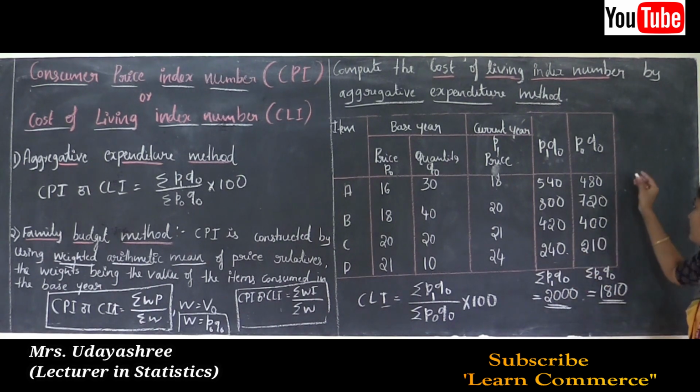Now I will substitute these values in the formula. CLI is equal to summation P1 Q naught divided by summation P naught Q naught into 100.